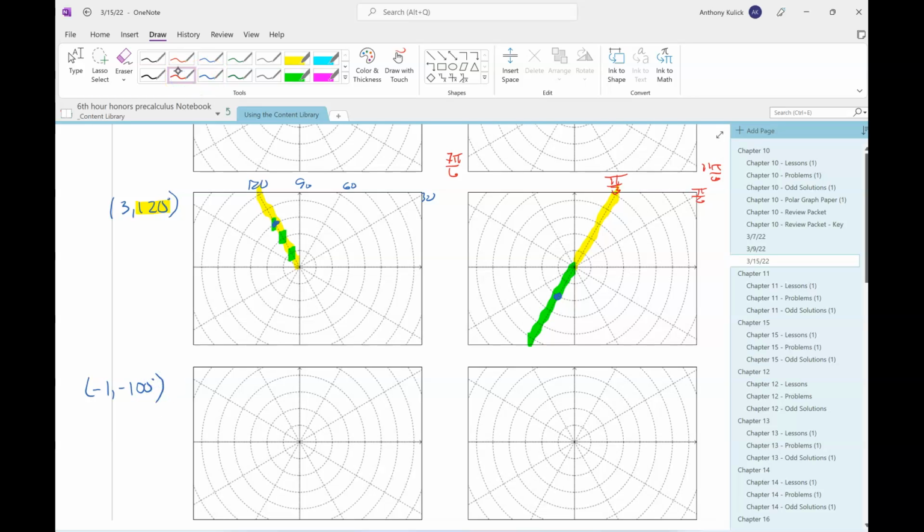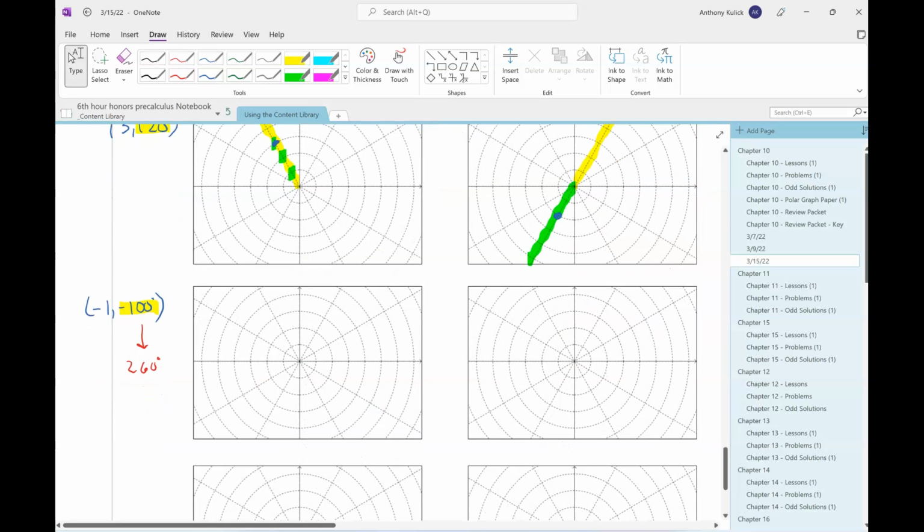So, what if we want to graph negative 1, negative 100? Well, again, I like to start with the angle, but I'm not going to graph negative 100. I just find the positive angle coterminal to that because it's a little bit easier to deal with. You could go backwards, I suppose, but I'll pass on that.